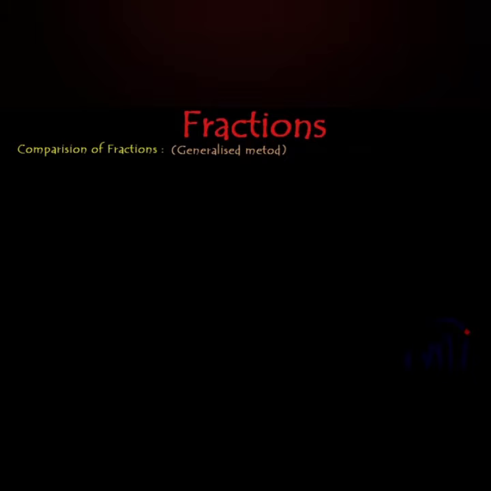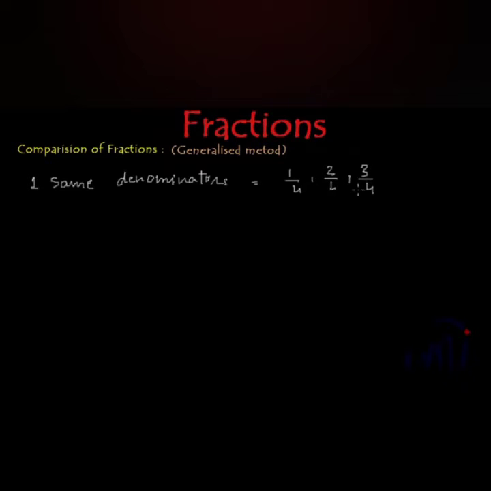We have learned the method of comparison of fractions when either their denominators are same or their numerators are same. So just to revise this, when we have same denominators like 1/4, 2/4 or 3/4, how do we compare?